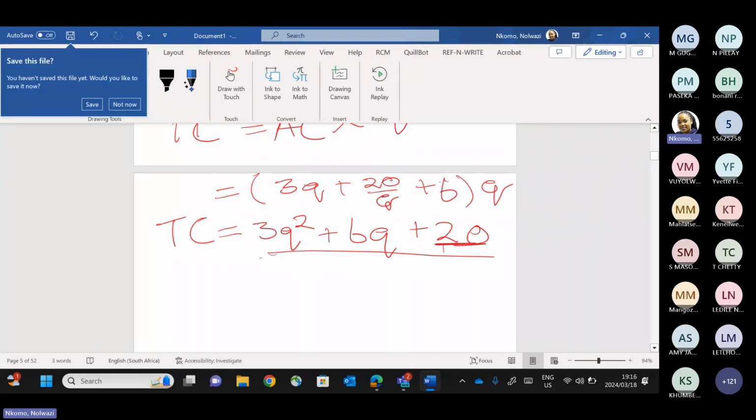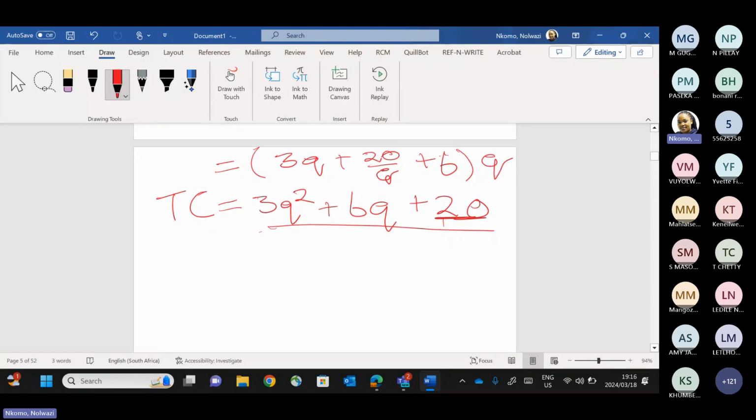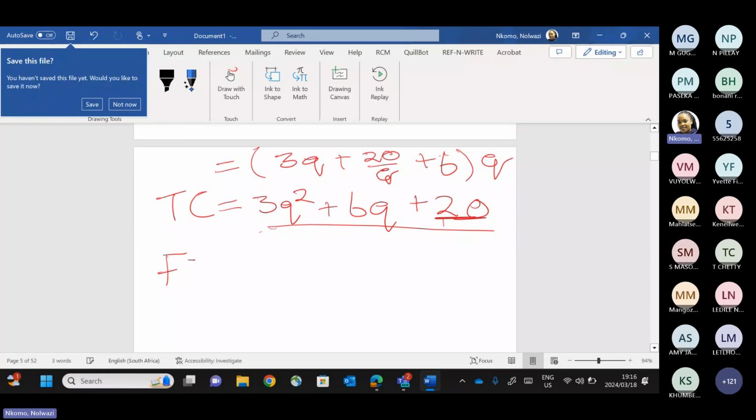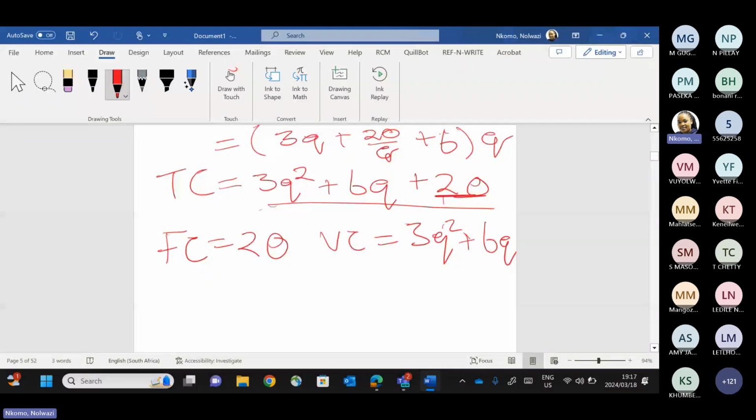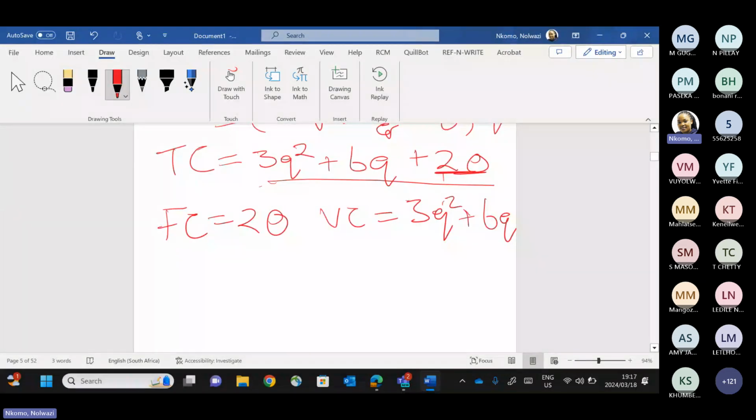So if you look at this function, you can conclude that the fixed cost is equal to 20 and the variable cost is equal to 3Q squared plus 6Q. And we said the marginal cost is equal to the derivative of a total cost.